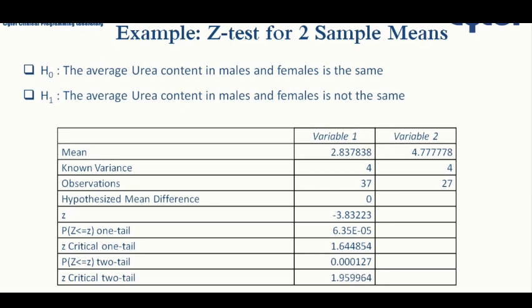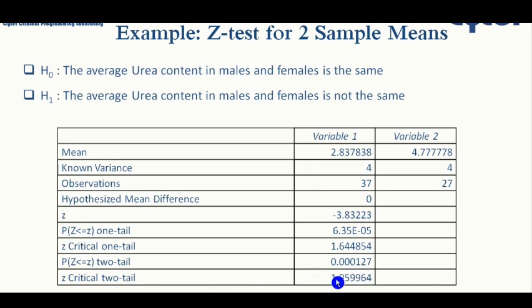If you go by the Z rule, then the observed value of Z is this. Whenever you are in the two-sample situation, you have to take the absolute value of this Z statistic. It will be 3.83. So compare this 3.83 with the Z critical.